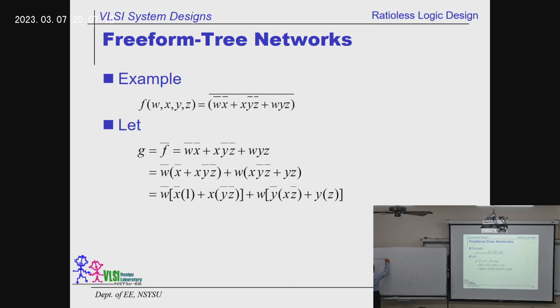Y bar, Z bar. Then the next bracket is W times, this is kind of silly, though, but it's fine, X, Z bar. Then Y, Z. Okay, we stop here.